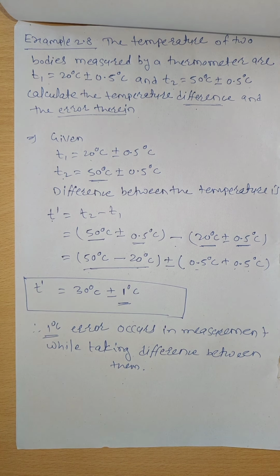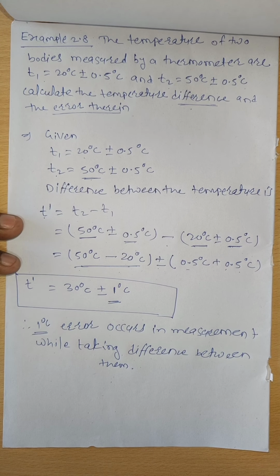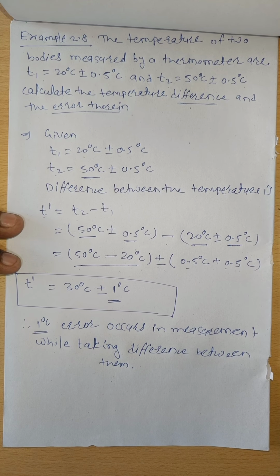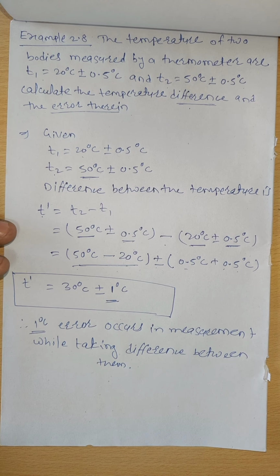Now this is about what happens to the error while we are taking addition and subtraction. Next we have to see the errors of a product or a quotient.